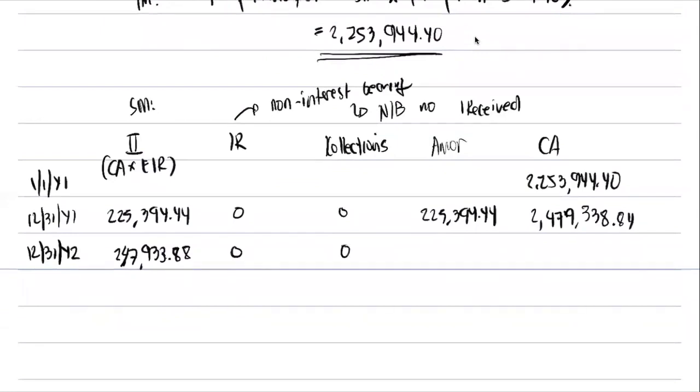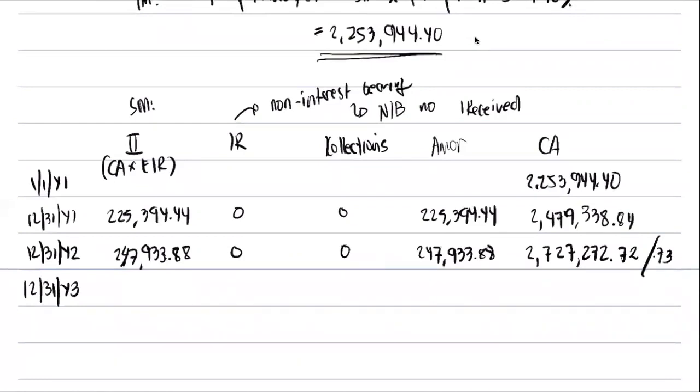Therefore, our amortization is equal to 247,933.88. Our carrying amount, therefore, is equal to 2,727,272.73.